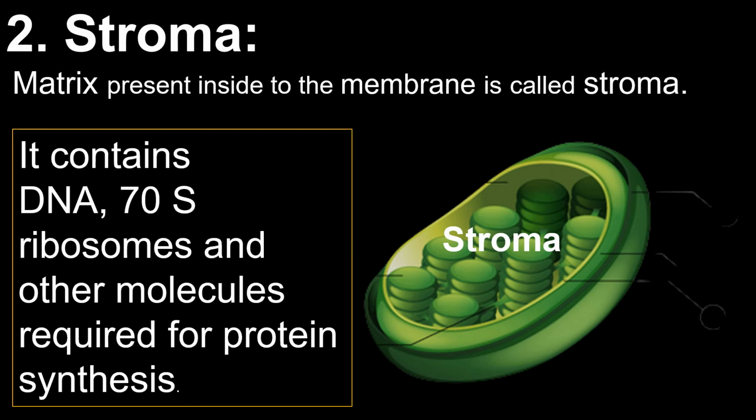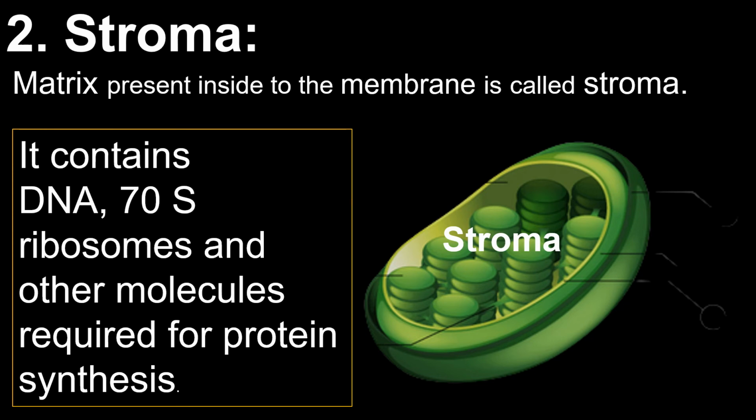Chloroplast is able to produce protein because it has DNA. This DNA carries information for protein synthesis and the 70S ribosome is involved in protein synthesis.